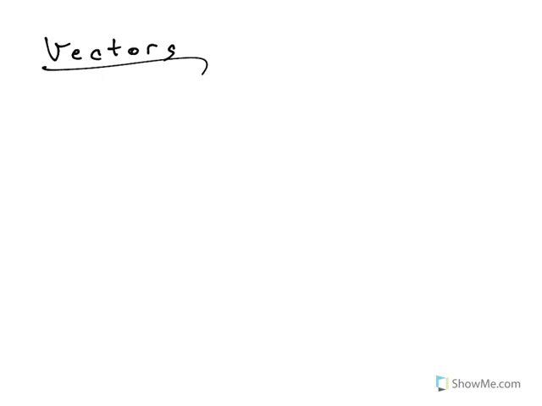Generally speaking, it contains the magnitude, so how fast, how far, how hard, whatever, and a direction. So speed is a scalar, 35 miles per hour. Velocity is a vector, 35 miles per hour east, that kind of thing.